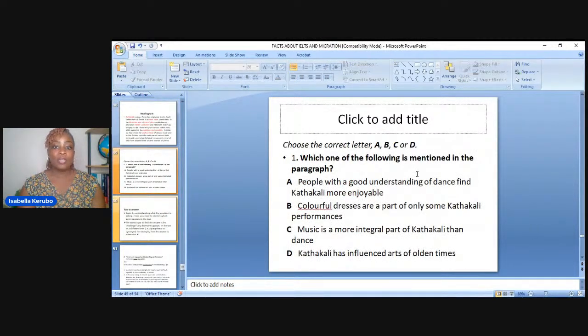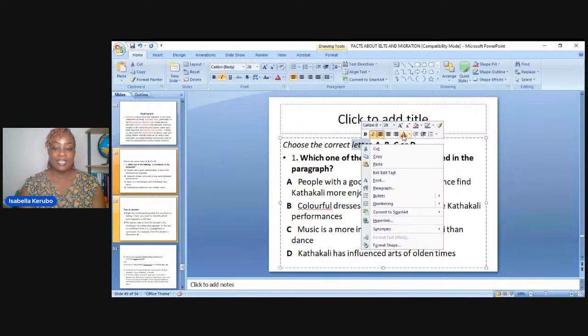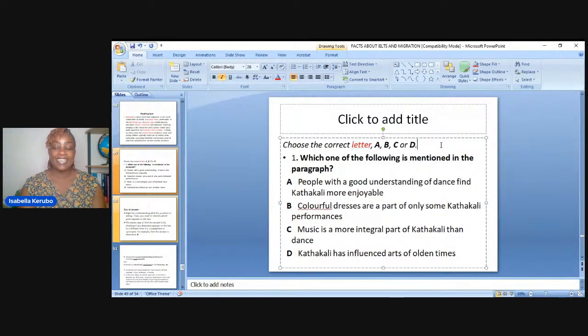So let's go ahead and look at the question. Choose the correct letter: A, B, C, or D. Very important here before we move on, there is a mistake that some test takers make.